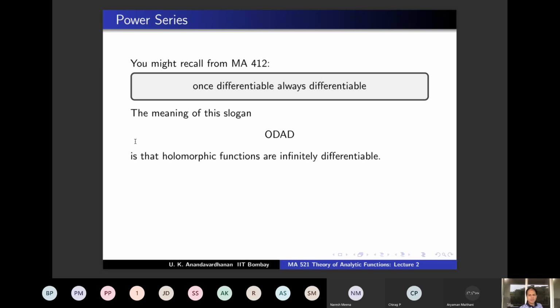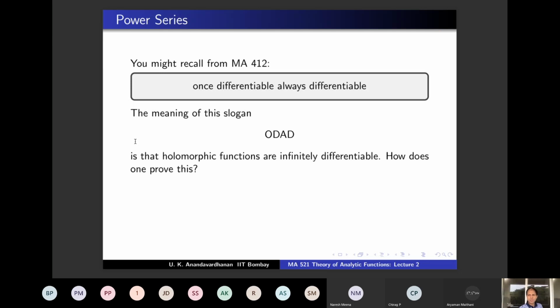And what was the main idea? This is what we discussed now. The proof has two main ideas, and the one is this general way of manufacturing functions representable by power series. So how does one prove this? We will come to it again later, but the quick idea: once differentiable, always differentiable. So what are the functions we know are infinitely many times differentiable?